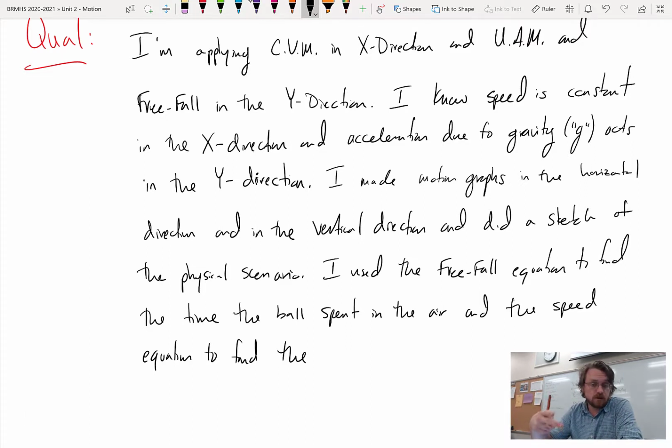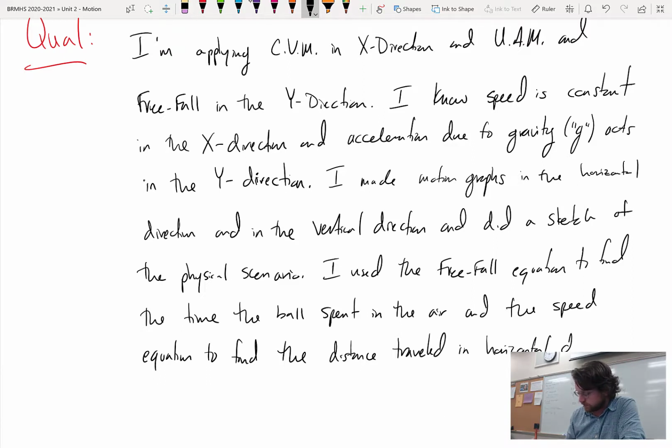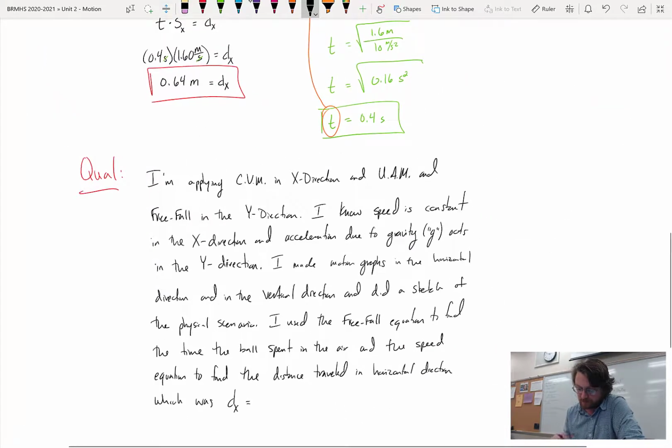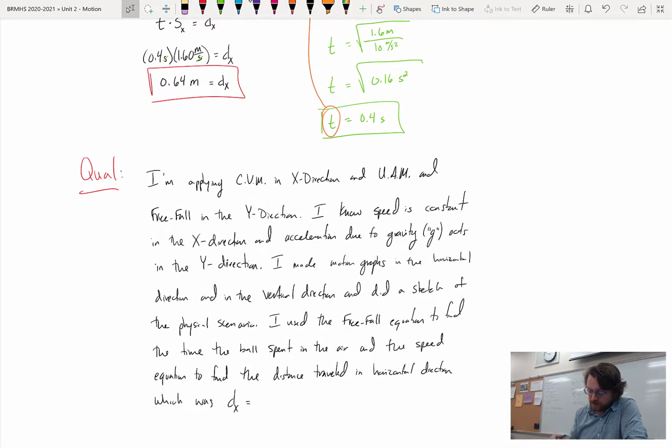We knew the speed of the ball in the x direction already, so we used the speed equation to then find the distance traveled in the horizontal direction. So to find the distance traveled in the horizontal direction, which was, and here's where I would write dx to connect it directly to the symbol I was using in my math, was 0.64 meters.